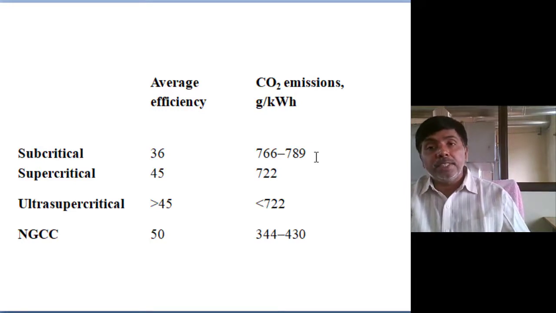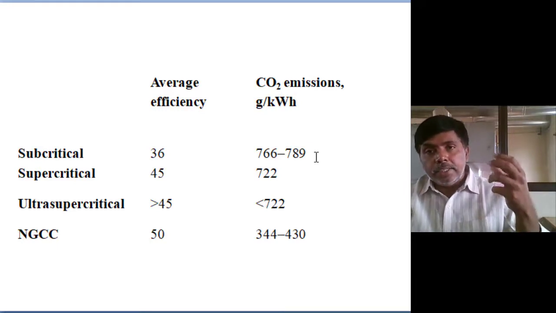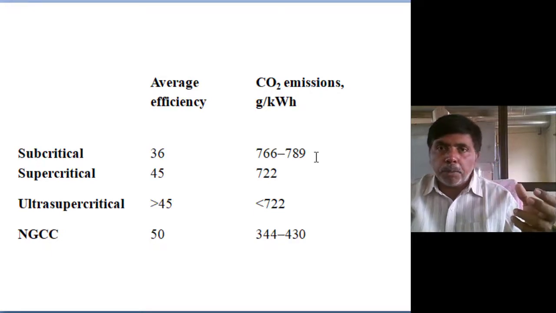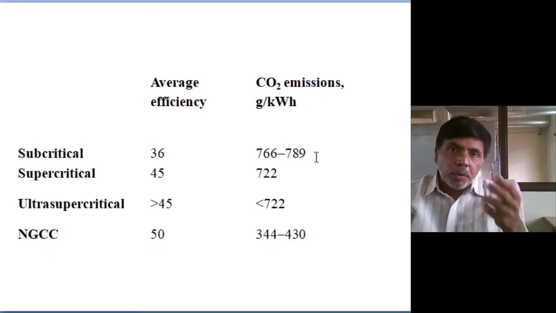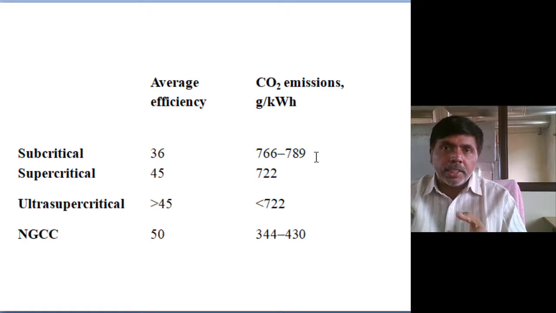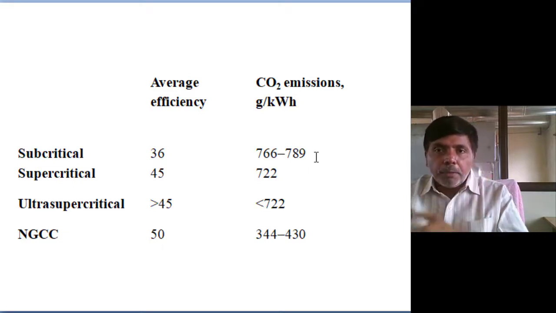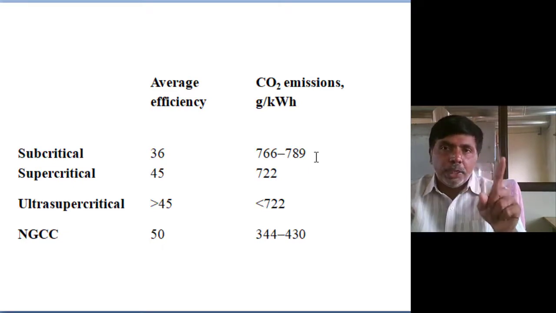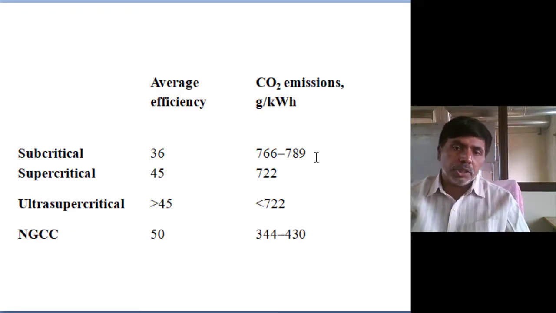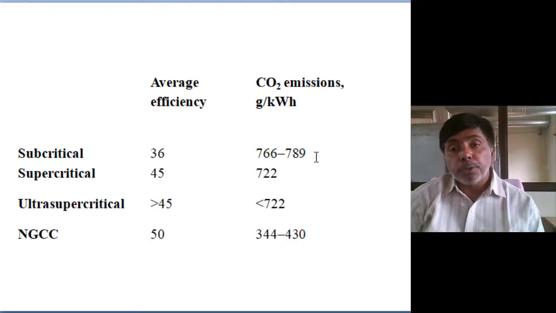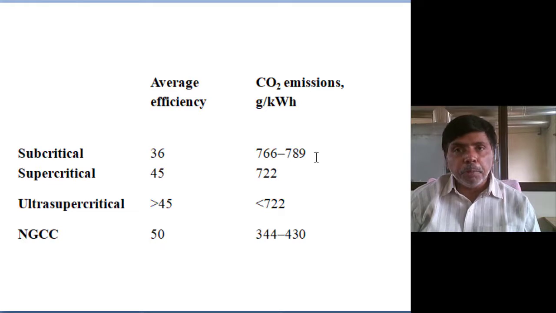Whatever heat we supply to the air standard cycle, the same heat we utilize for running the vapor power cycle. So with one heat input, we are producing two power outputs. That is the main advantage for achieving maximum efficiency. From a pollution point of view also, you see the CO2 emissions are drastically reduced by 50%.